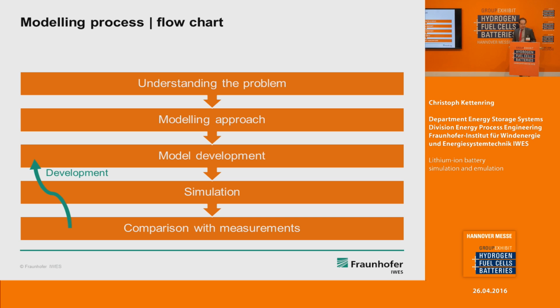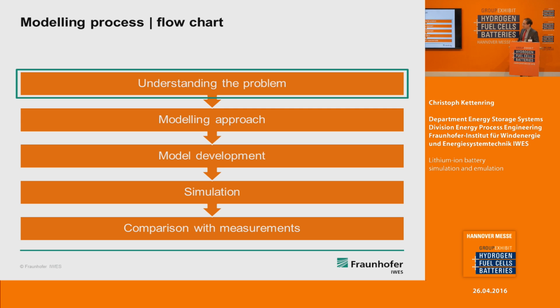If the measurements are right and we have a good result, we have a complete model, and if the results of the simulation are not so good, we go back to the development and try to find our mistake.